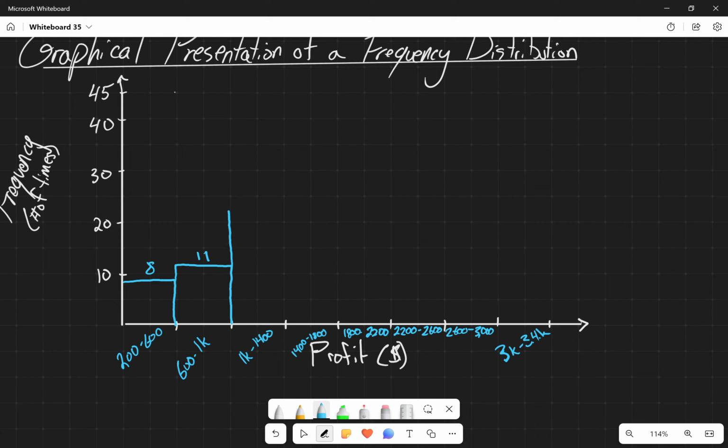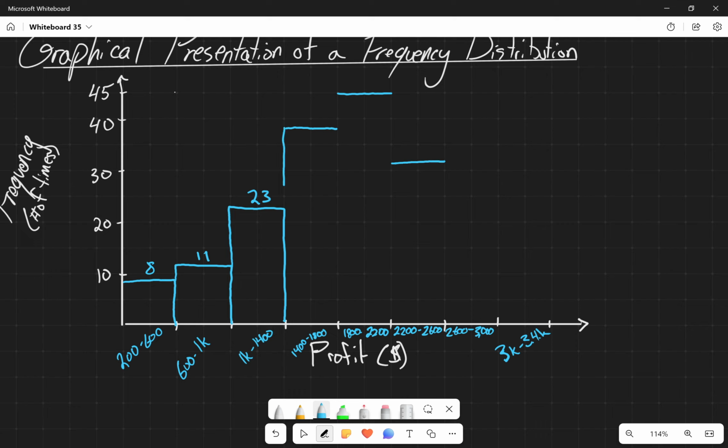We have 23 instances between 1,000 and 1,400. We have 38 instances between 1,400 and 1,800. We have 45 instances between 1,800 and 2,200, right? That seems to be the most common. Then above that, we have 32.